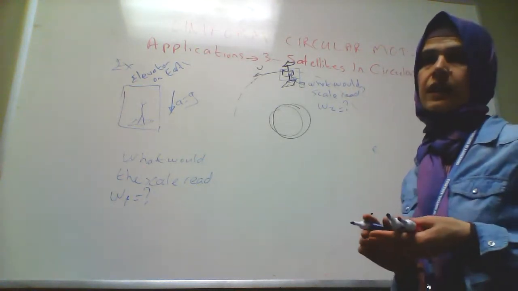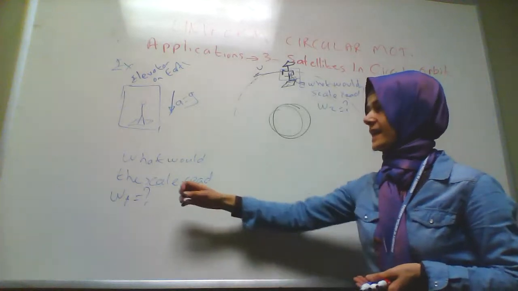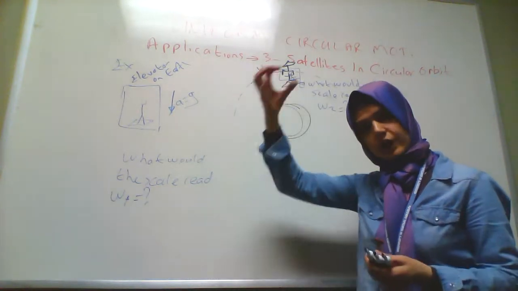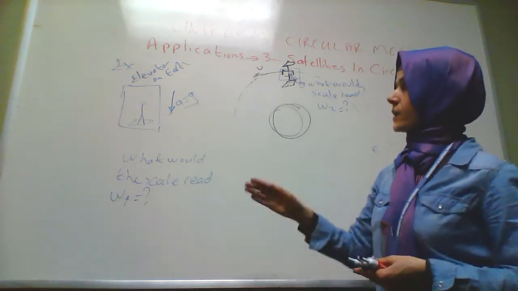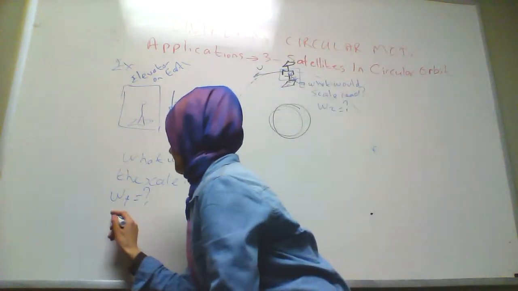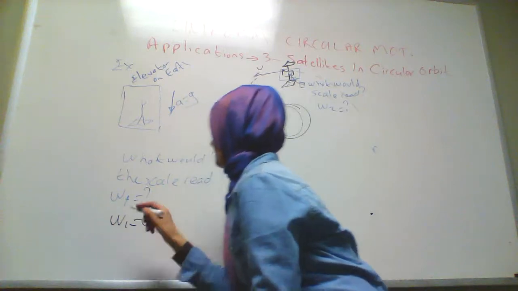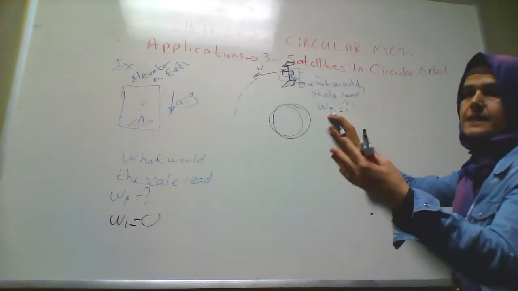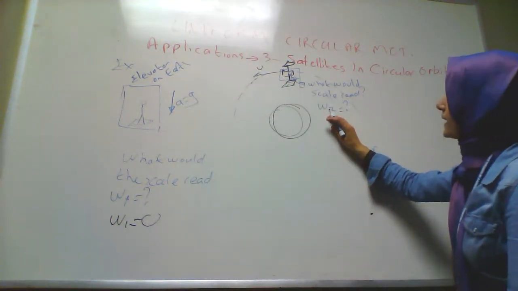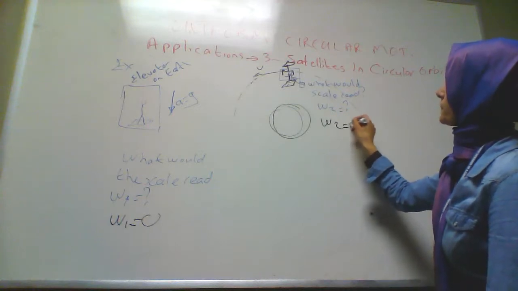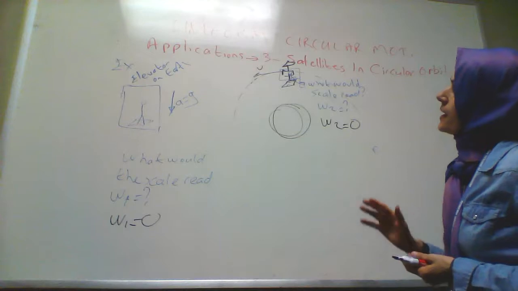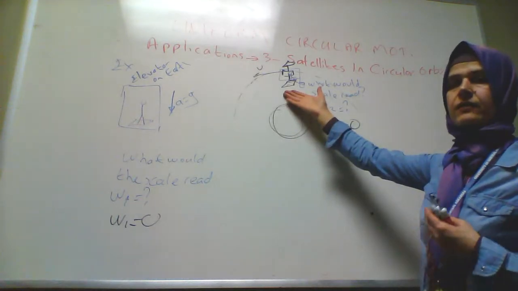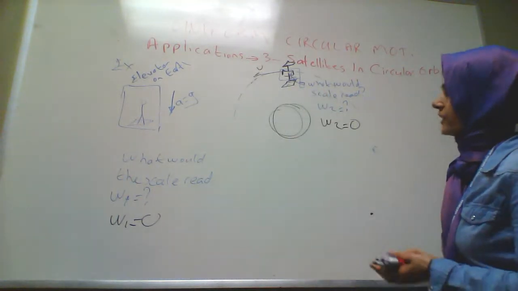Now, from general life, we know that here the object feels weightless. We drop this water, and anything in free fall doesn't feel any weight. So W1 will be 0. And here also we know that in space, astronauts do not feel any weight, so W2 is also 0. Then the conclusion we come to is that the satellite should also be in free fall, and it actually is.